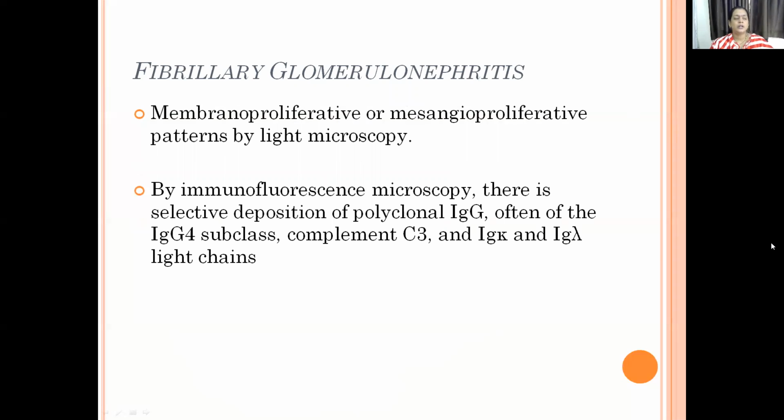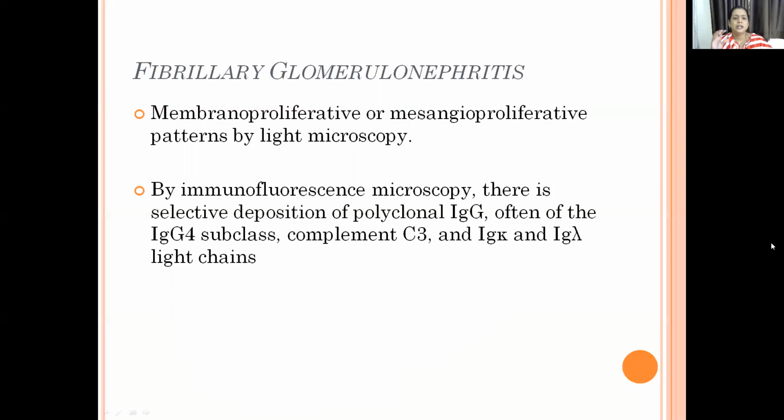So there is another one called fibrillary glomerulonephritis, with membranoproliferative and mesangioproliferative patterns that we see in light microscopy. In immunofluorescence, we see the IgG4 subclass, complement C3, and immunoglobulin kappa and lambda light chains getting deposited. Fibrillary glomerulonephritis, by the term, is deposition of immunoglobulin light chains.